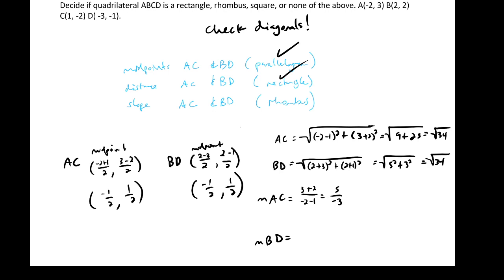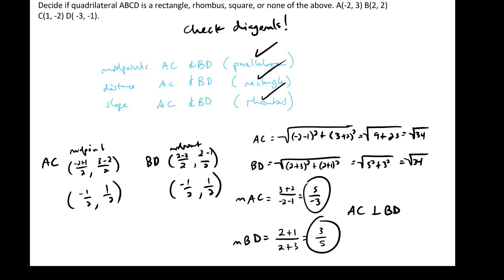And then BD, we're going to have 2 minus 1 over 2 minus 3, which is 3 over 5. Ooh, look at where we have that. We have AC is going to be perpendicular to BD, correct? Because those are negative reciprocals. We have a rhombus.